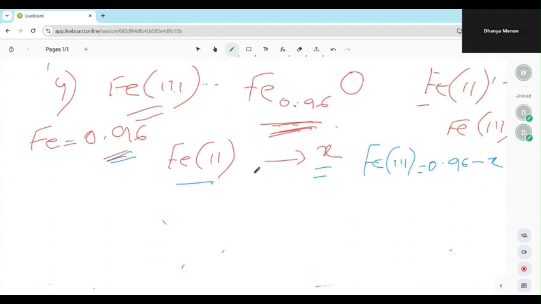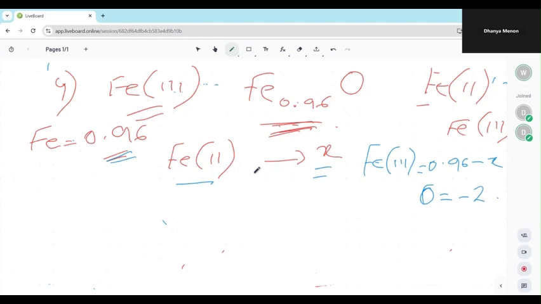Now, oxygen has a charge of -2. Okay, this also you will learn when you are in grade 11 itself. Oxygen has a charge of -2. Now, whenever a compound is formed, suppose iron and oxygen, iron is a metal, it has positive charge, and oxygen is a non-metal, it has a negative charge.